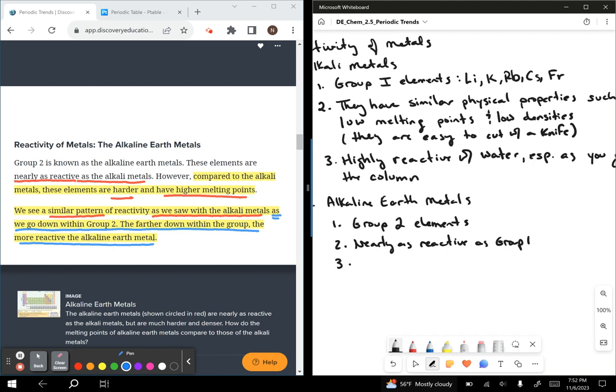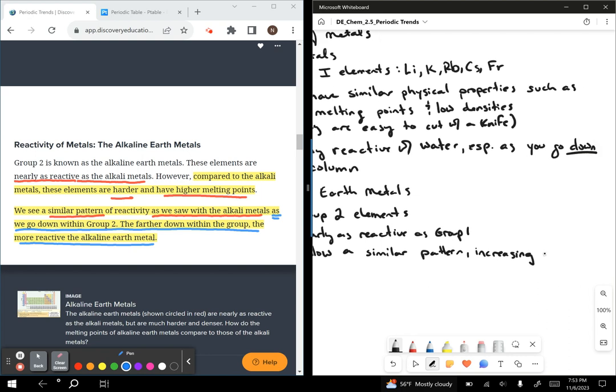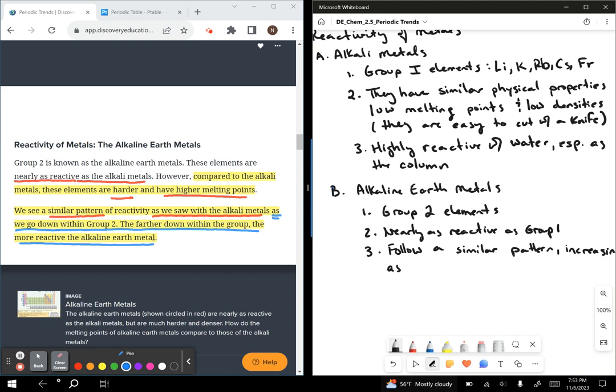They follow a similar pattern, increasing in reactivity as you go down the column.